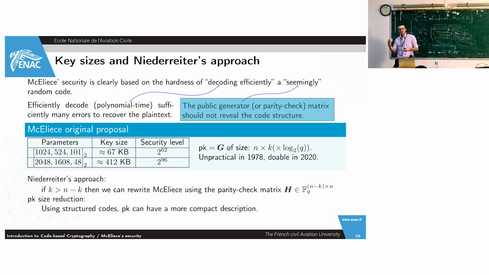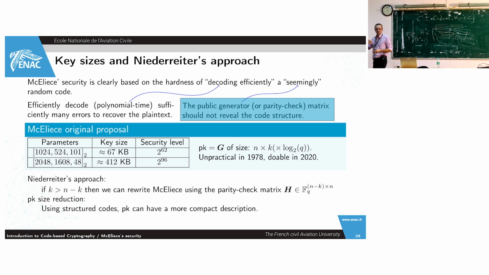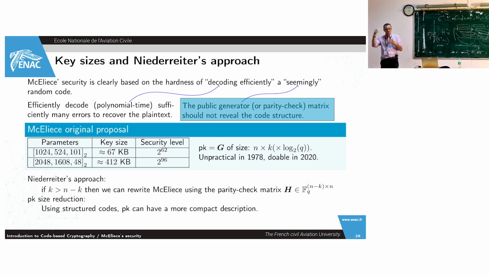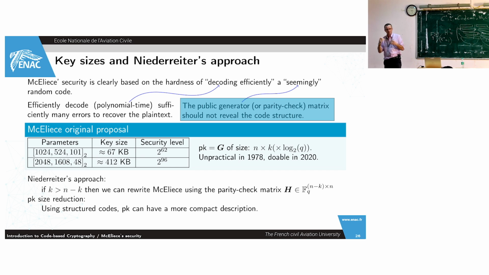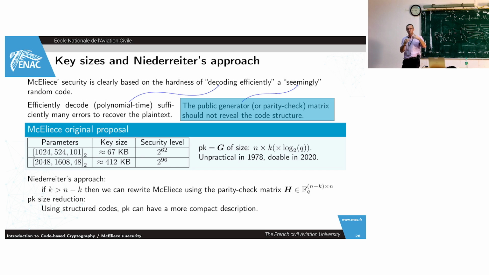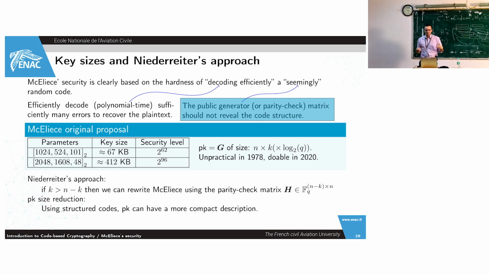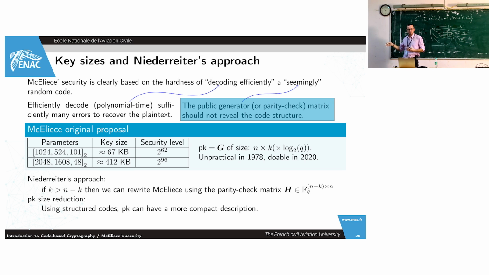Maybe not. We have evidence: if you consider binary Goppa codes of very high rate, K over N, then you can distinguish them from random codes. It was used against a code-based signature back in 2001, which was broken due to this.